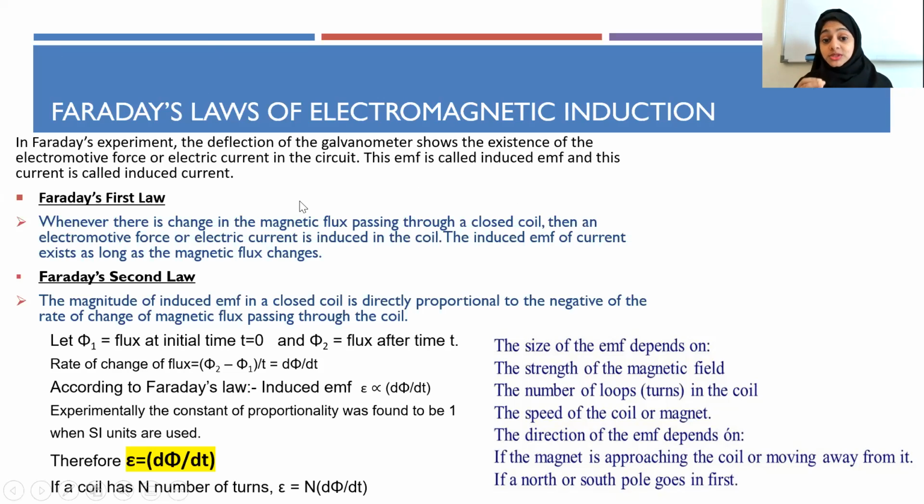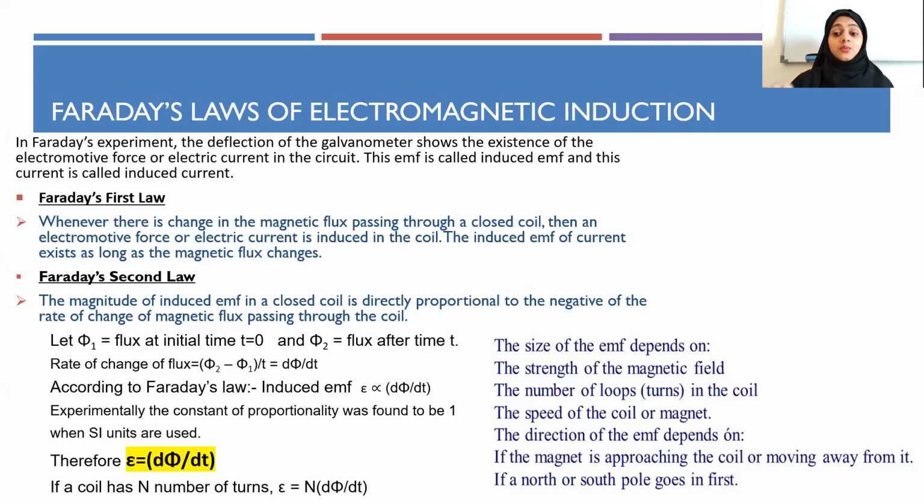So we will be using the terms induced EMF and induced current, to show the current or EMF produced in the coil. How are they produced? In the first experiment, we saw it when you move the magnet. In the second experiment, when a coil of wire connected to a battery is moved relative to a stationary coil, then also current or EMF is induced.